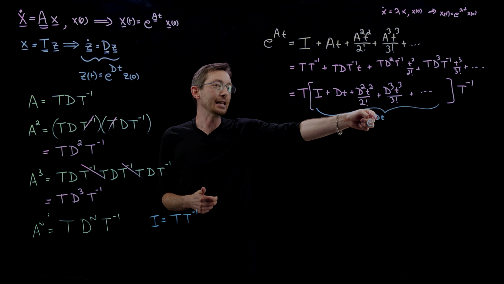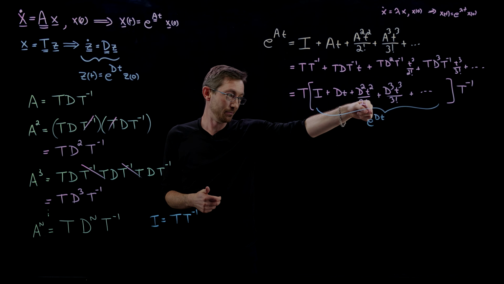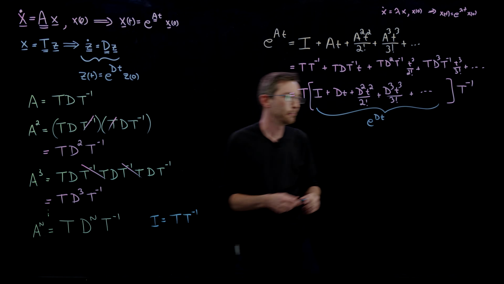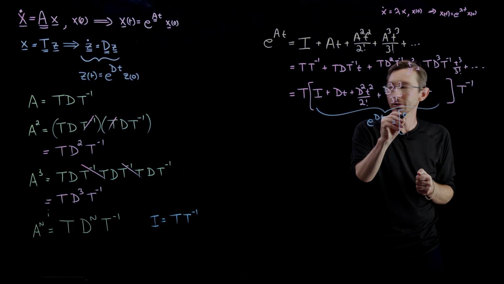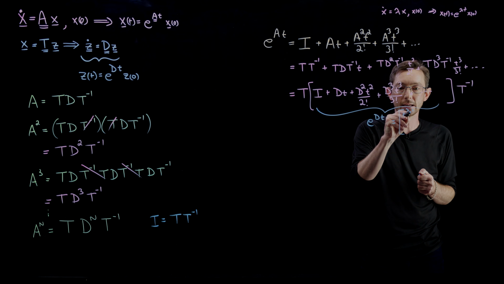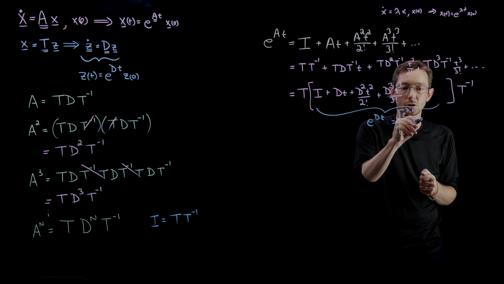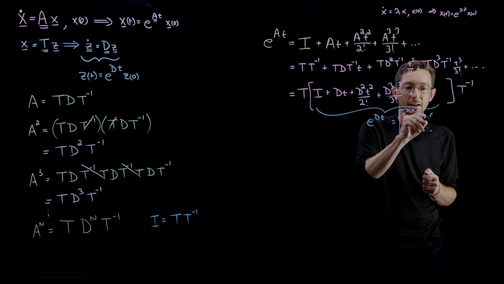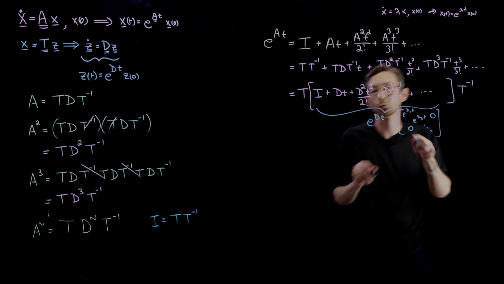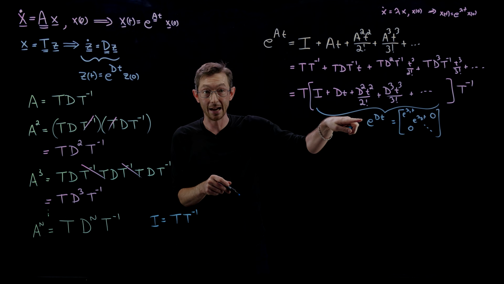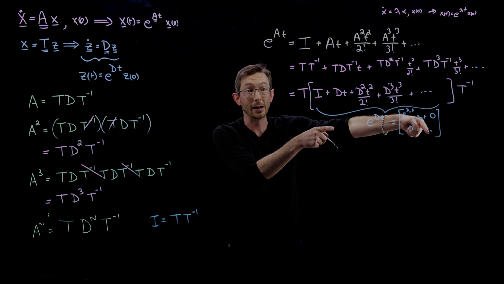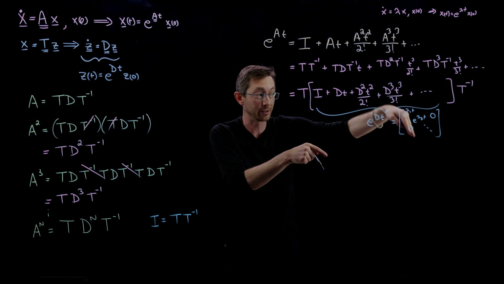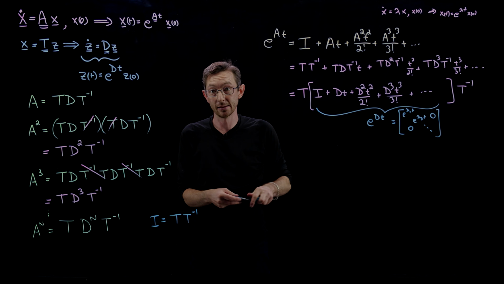And so to get this e to the matrix D times t, this is literally just a diagonal matrix, e to the lambda 1 t, e to the lambda 2 t, dot, dot, dot, with zeros everywhere else. I can just write this matrix exponential down for this diagonal matrix. I don't even have to compute this. I can write this down. Okay, it's a diagonal matrix with e to the lambda t's.